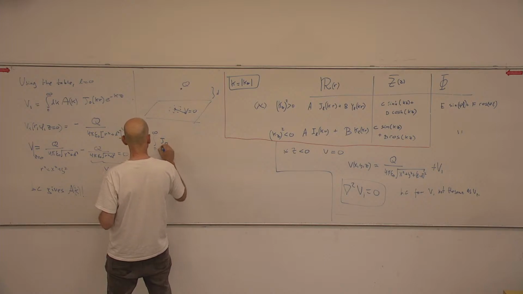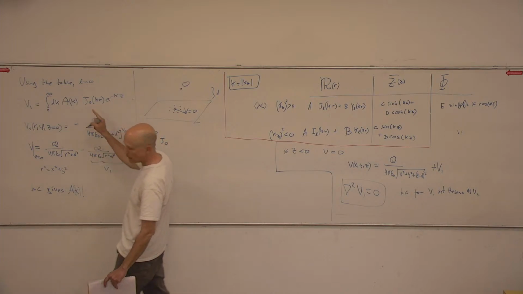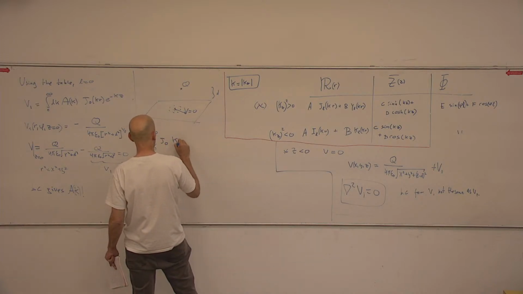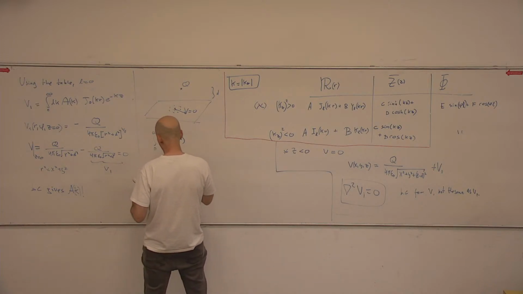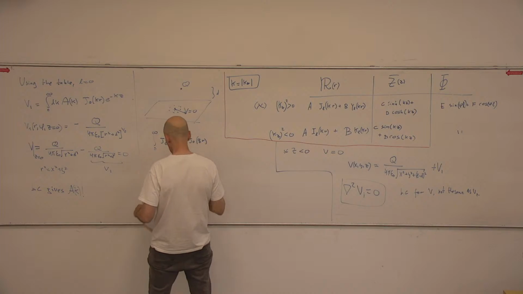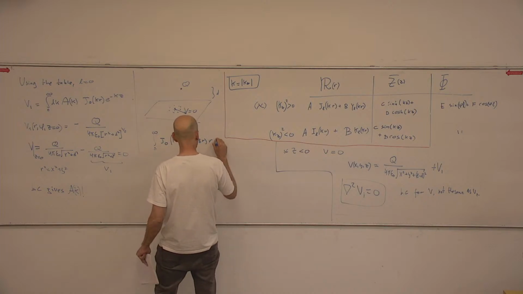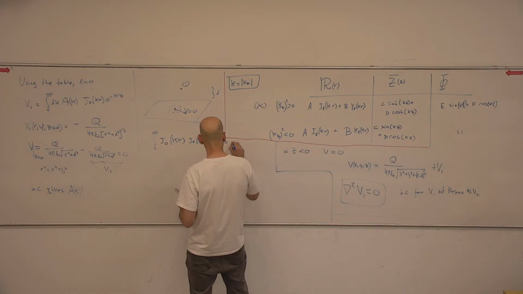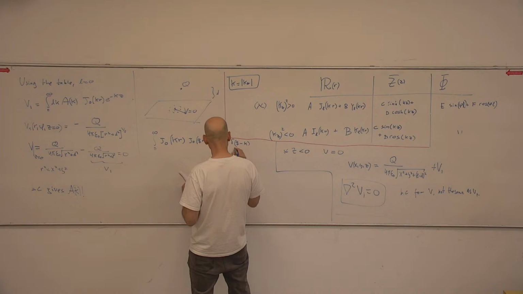J0. J0 is good because L is equal to 0, so we are in the correct game. The integral of J0(kr) J0(qr) r dr is equal to delta(q minus k) divided by q. Of course, you cannot remember this.